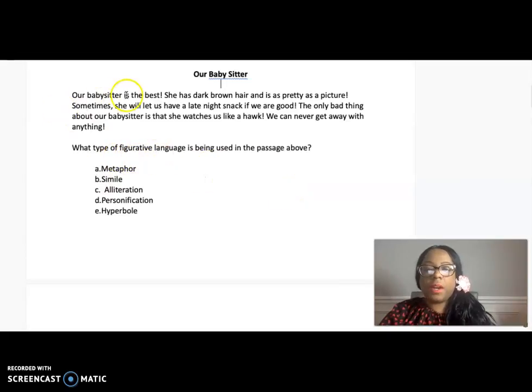So, if I go through each line, the first thing that sticks out to me is that it says that she has dark brown hair and is as pretty as a picture. Sounds figurative to me. Next, if we continue to read on, it says that she watches us like a hawk. So let me go ahead and highlight that one. Now, we have two different areas.